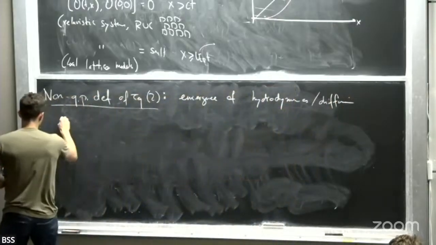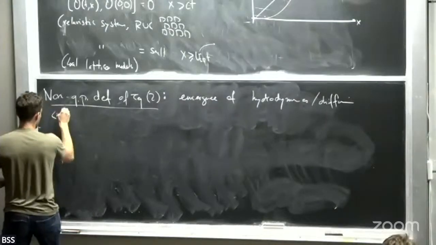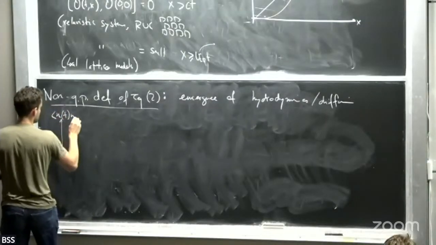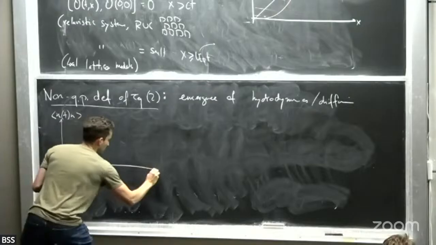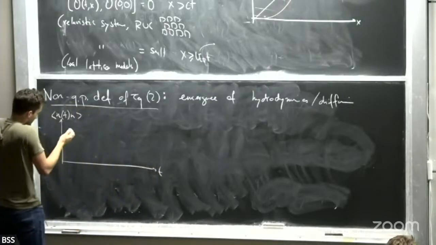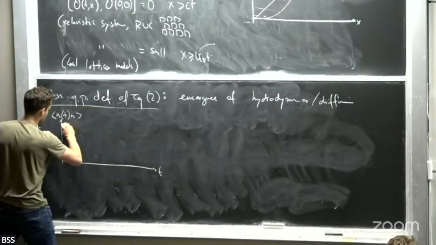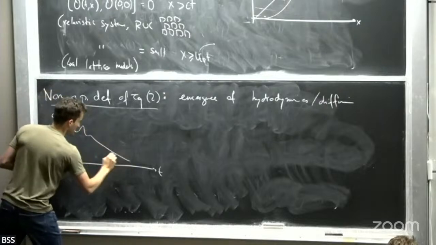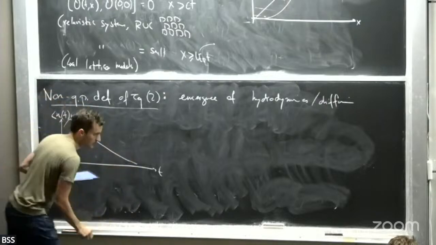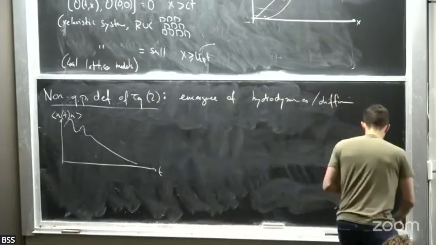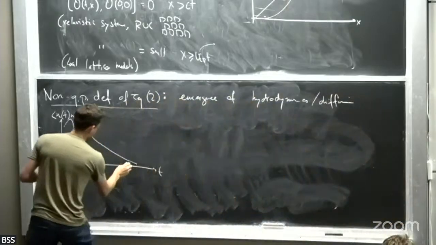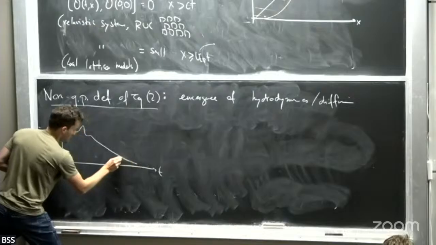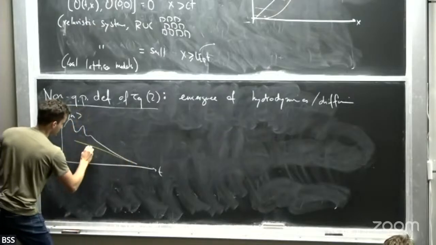You could look at any observable you like. Let's stick to this density 2-point function. It's going to have some behavior at early times that's not universal. But at late times, you expect diffusion to emerge, and you expect it to approach a diffusive behavior.